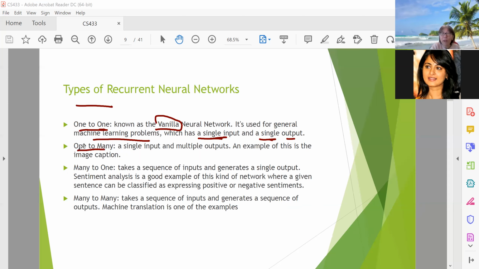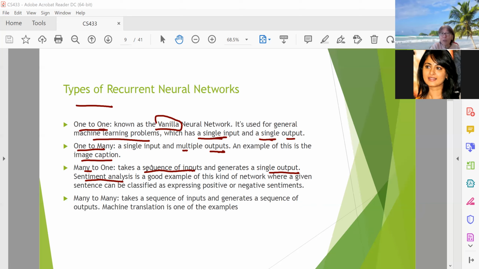We have one-to-many, which we just saw, like image caption, because the output is multiple. We have many-to-one, like sentiment analysis. So you have a sequence of inputs, but just a single output.